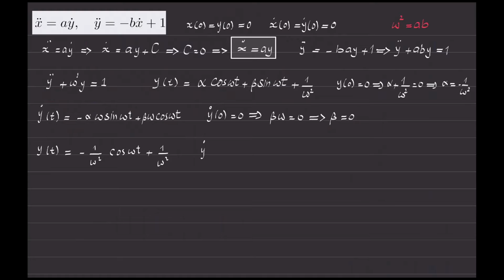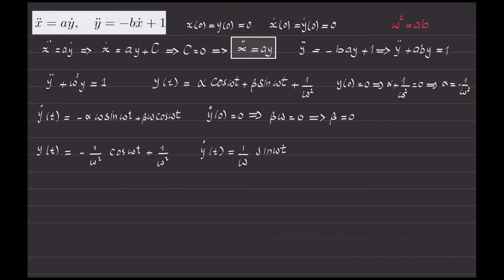So y dot of t becomes equal to, let us see, minus alpha times omega. Alpha itself is minus 1 over omega squared, so it becomes 1 over omega sine omega t.